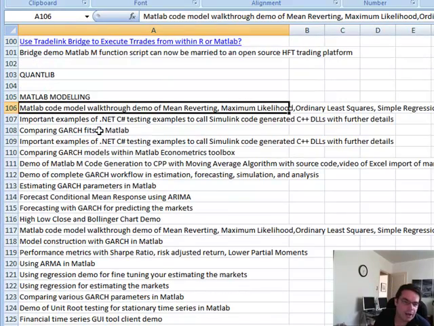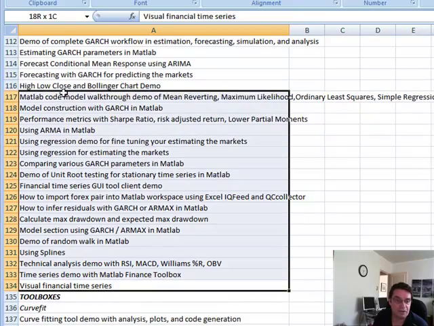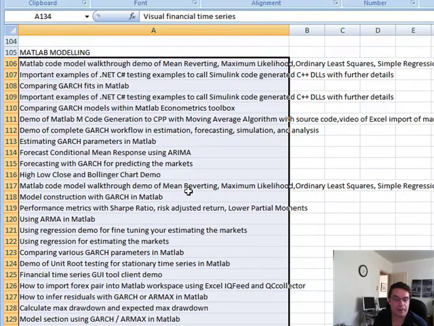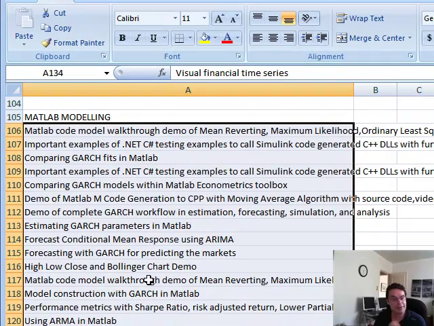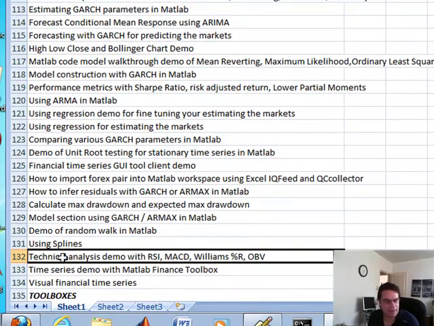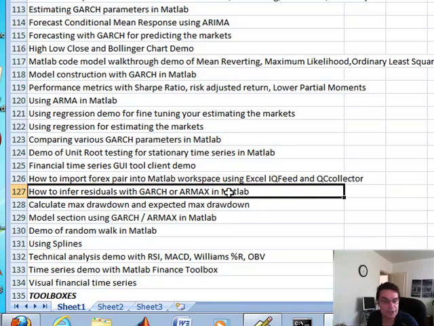So let's start talking about MATLAB itself. I'm just going to focus on the core stuff first. What we're looking at are things like Bollinger charting. I know there's a technical analysis section using all these indicators, a time series demo, visualizing a time series, talking about GARCH and ARMAX.